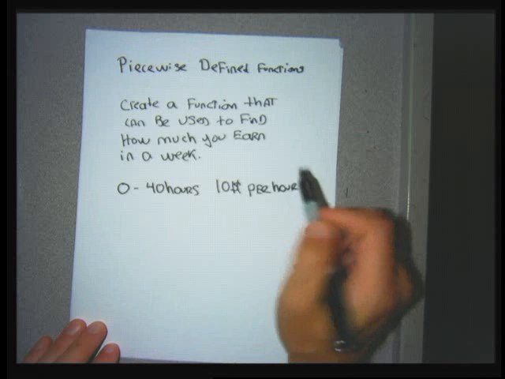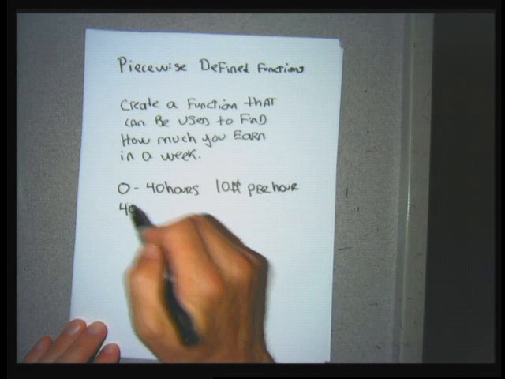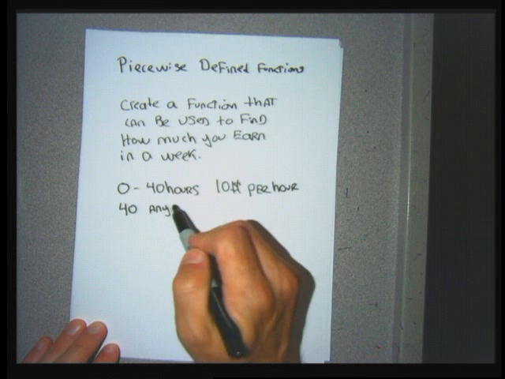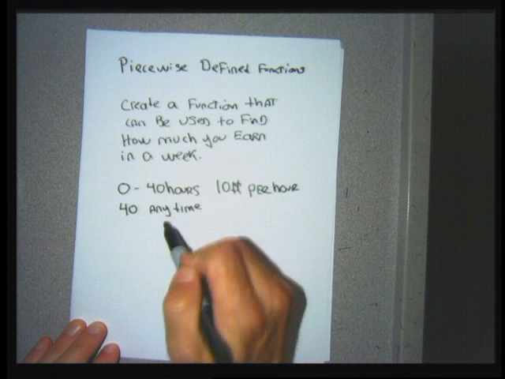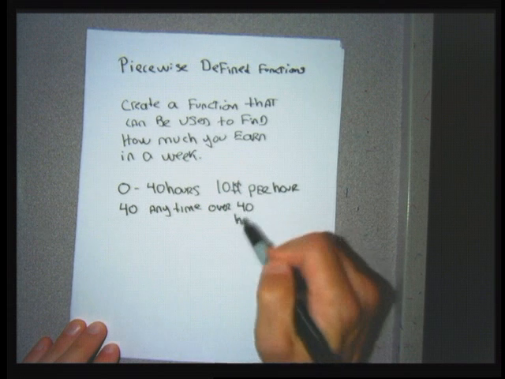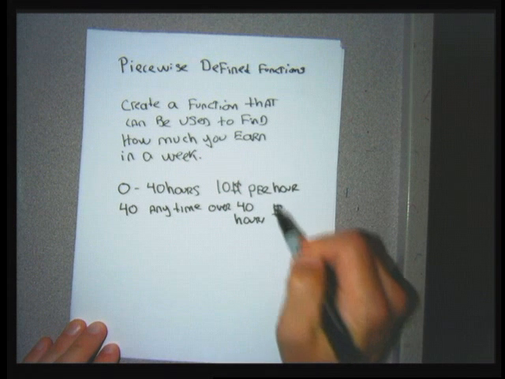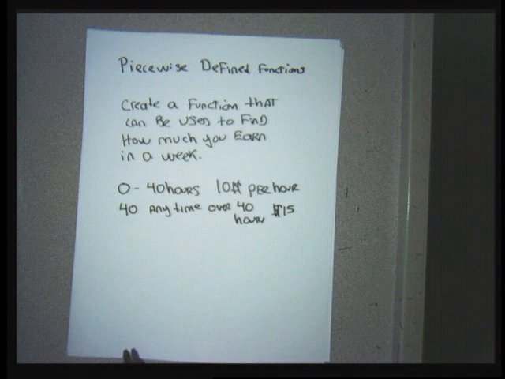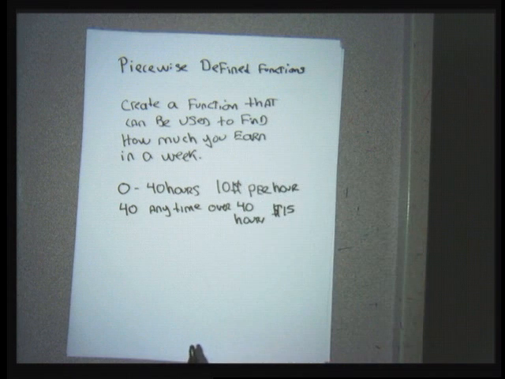But if you work more than 40 hours per week, say anything over 40 hours, you get time and a half, which is $15 per hour. I couldn't make one function to figure out your pay because your pay rate is different for the amount of hours worked.